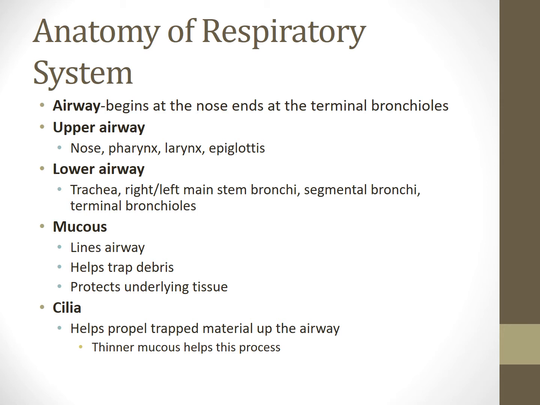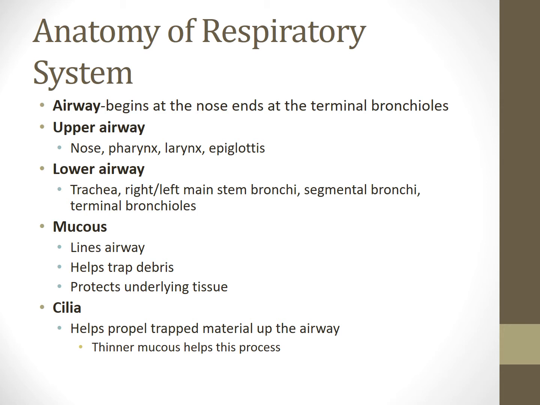We have mucus within our nares that lines our airway and helps us trap debris and protect our underlying tissues. And then we have cilia, which help propel trapped material up the airway. The thinner our mucus is helps with this process as well. So when we think of our respiratory system, we need to think of all these different parts that make it up.